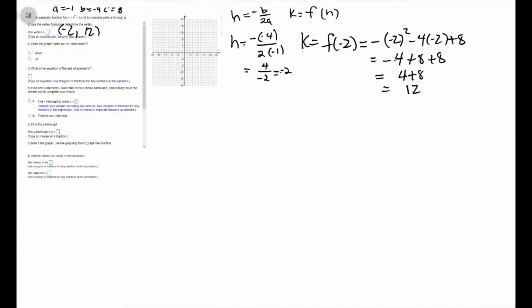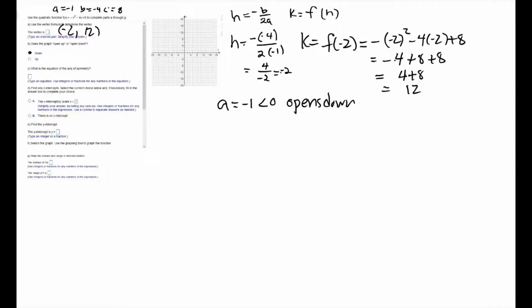The next part says, does the graph open up or open down? So the a is going to tell us whether the parabola opens up or down. Since it's negative, less than 0, it opens down.